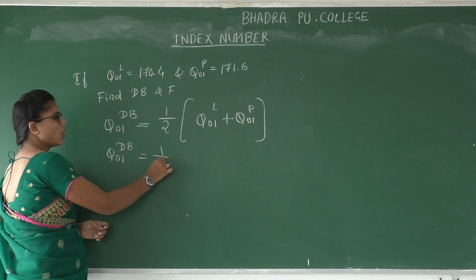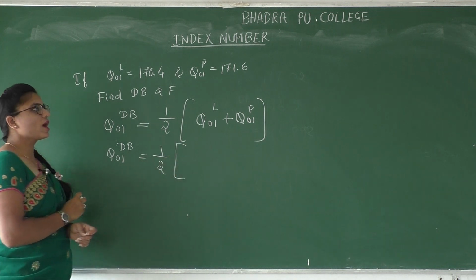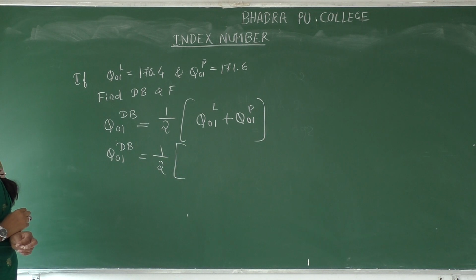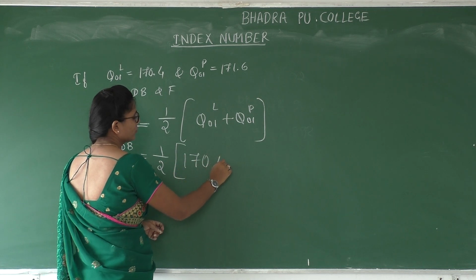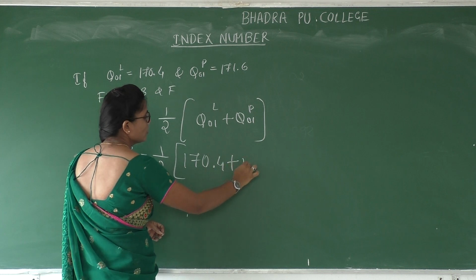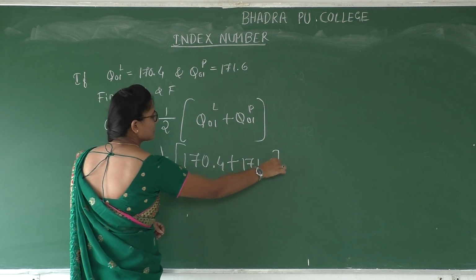Q01 DB is equal to half into, we have the value of Q01L, 170.4, and also Paasche's 171.6, right?